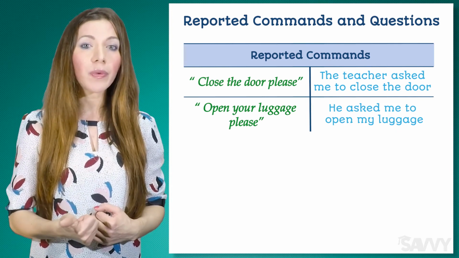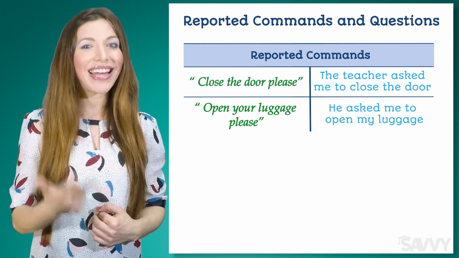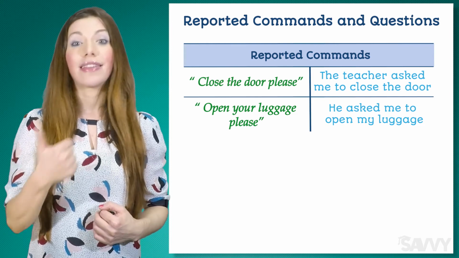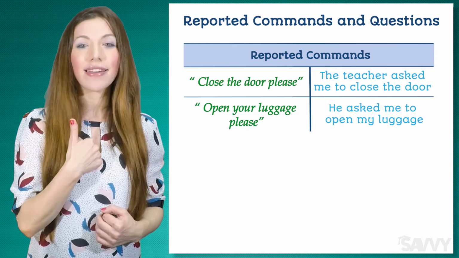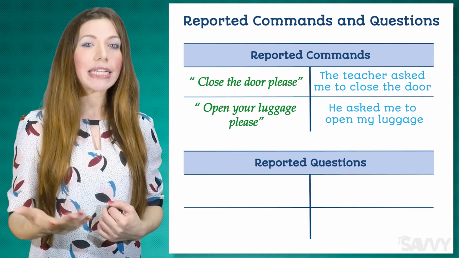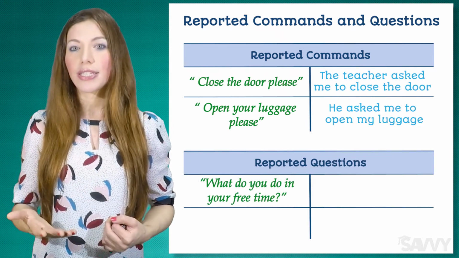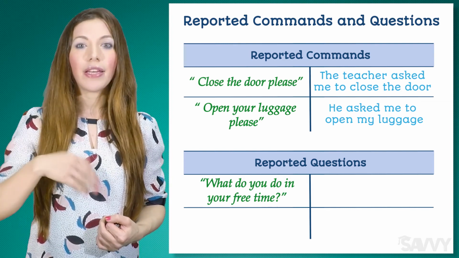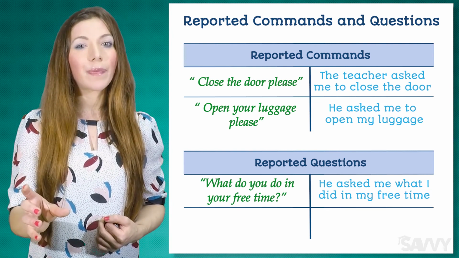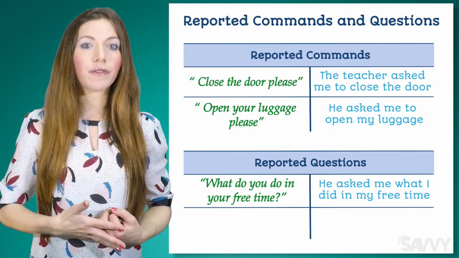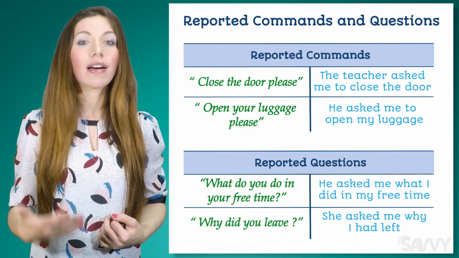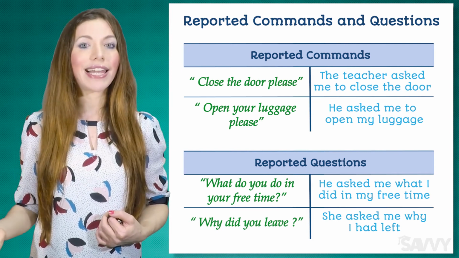So we have the pronoun, we have the reporting verb, and the infinitive, the verb in the infinitive form. He asked, don't forget the object, me, to open my luggage. An example of a reported question: "What do you do in your free time?" In reported speech, this becomes: he asked me what I did in my free time. "Why did you leave?" She asked me why I had left.